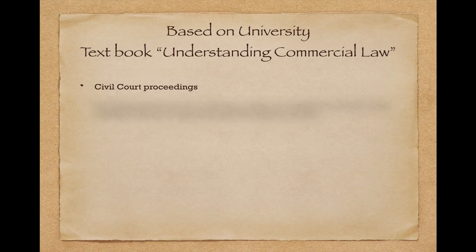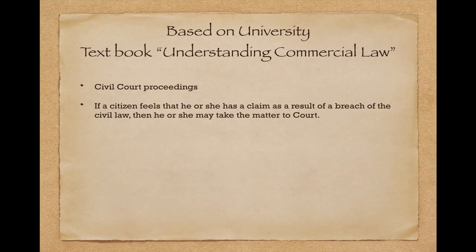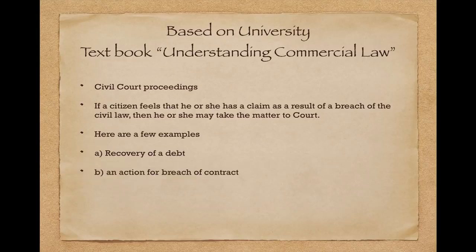Civil court proceedings: if a citizen feels that he or she has a claim as a result of a breach of the civil law, the common law, then he or she may take the matter to court. Here are a few examples of how this happens. If you have someone who has wronged you and you need to recover a debt, an action for a breach of contract, as I told you earlier, private law is all about contract.